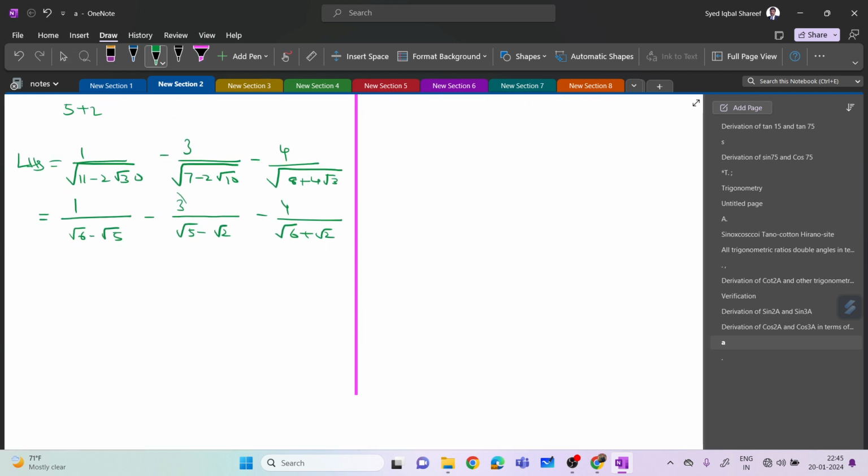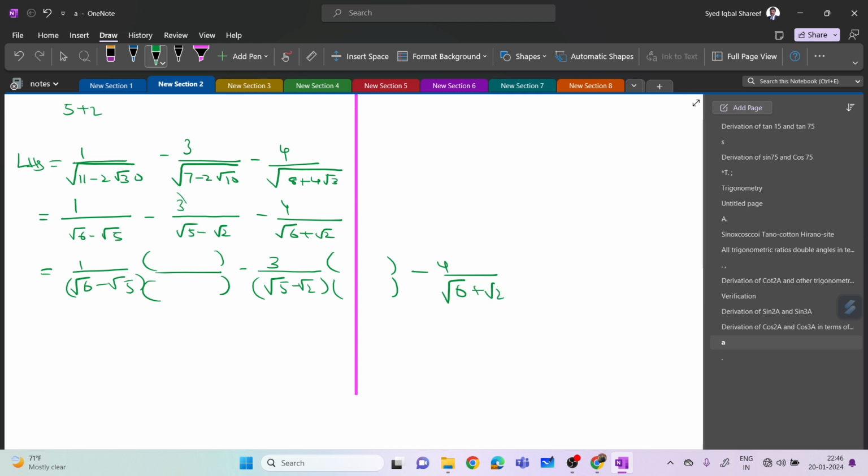The second part is rationalization. 1 by root 6 minus root 5, rationalization factor; 3 by root 5 minus root 2, rationalization factor; minus 4 by root 6 plus root 2, rationalization factor. Let me change the color for the rationalization.